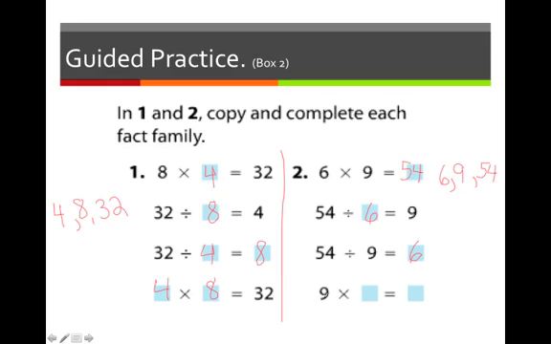And lastly, 9 times 6 equals 54. So if you know one of the number sentences, like 6 times 9 equals 54, you should be able to do the division sentence or the other multiplication sentence.